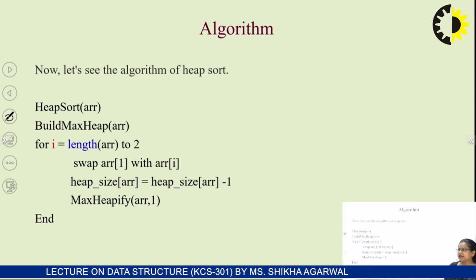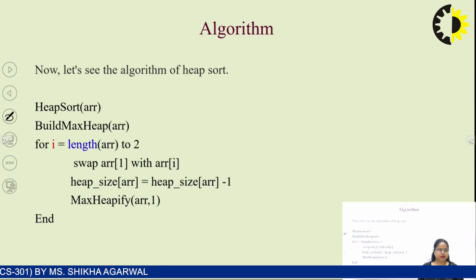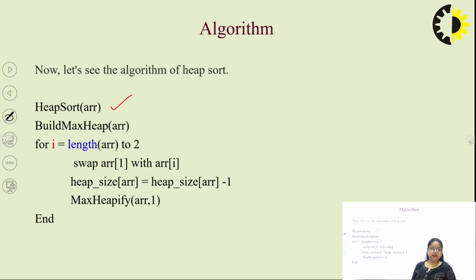Now, in this case, we are going to first think about the algorithm, how heap sort will work. Remember one thing, heap sort is applied on a given array, and into this we have to call one function which is called build heap. How will this work? When I'm talking about heap sort, first of all we have to build the max heap of the array.